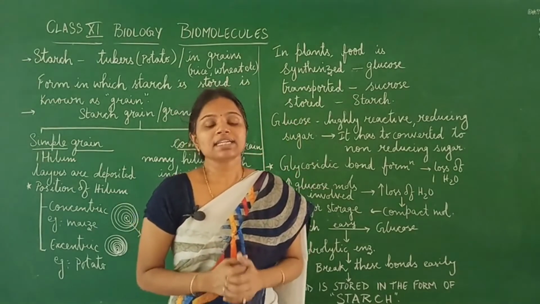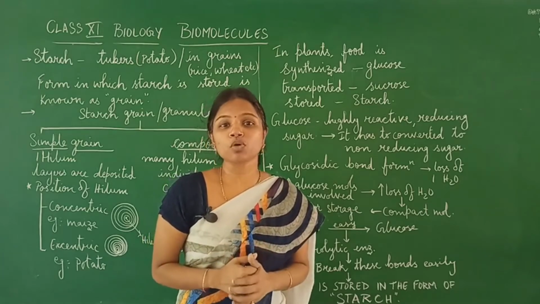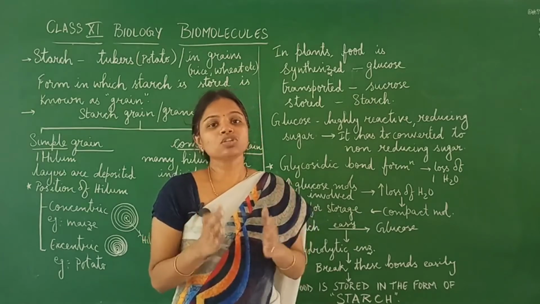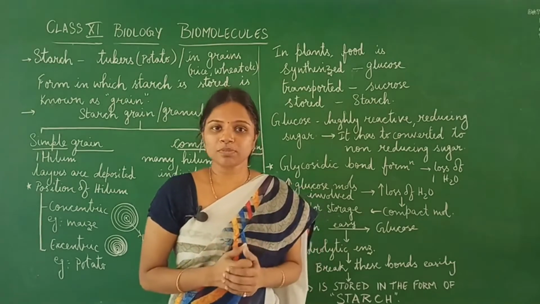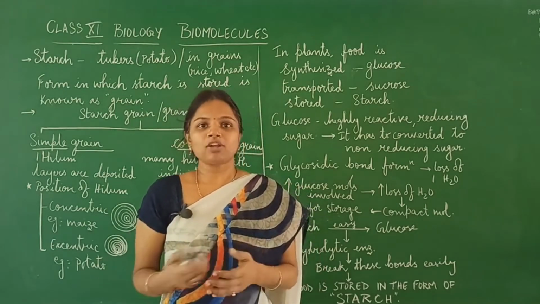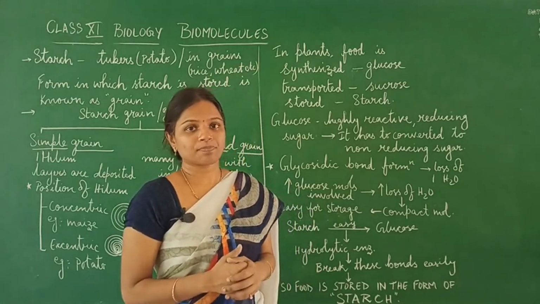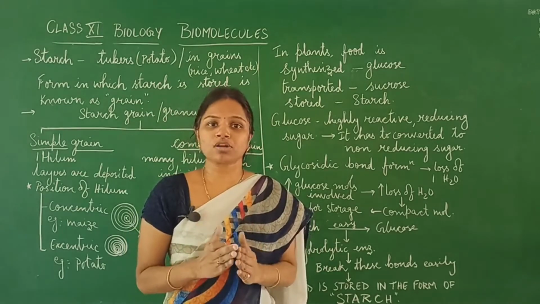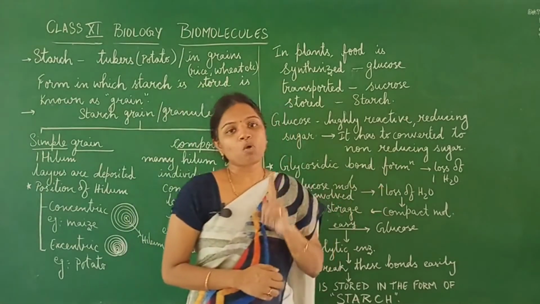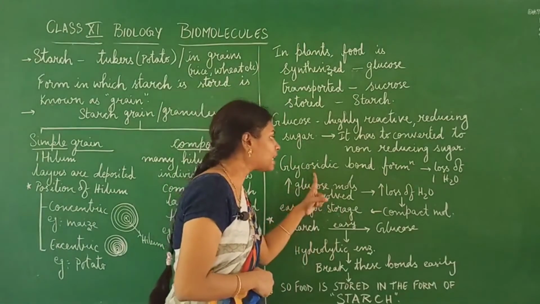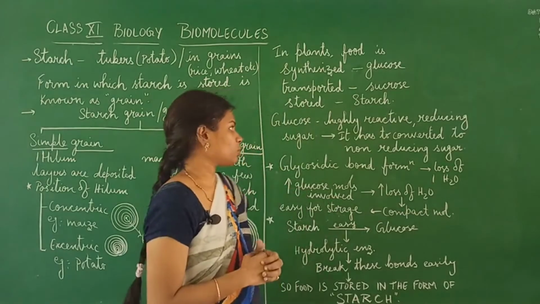Now we know that starch is a homopolysaccharide of glucose units. Each glucose unit is bound by 1,4 glycosidic bonds, or in case of amylopectin we have both 1,4 and 1,6 glycosidic bonds. For the formation of these bonds, every time there is a loss of one water molecule. So for formation of one glycosidic bond, there is a loss of one water molecule.